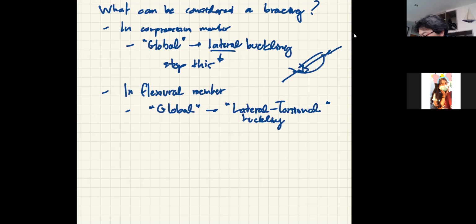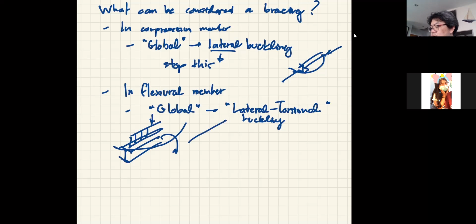But in a flexural member, let's say this is your beam, the load is in this axis, whether it is a uniform load or a point load. This load is not in the axis of the member, but it can cause your member to lose stability to the side and twist. So when the unbraced length becomes something that we need to consider, the behavior that follows is called lateral torsional buckling, or LTB in short.